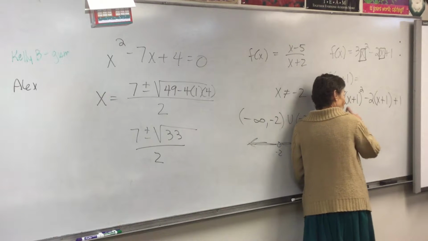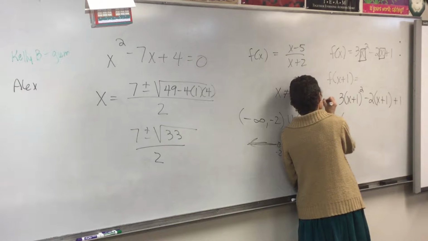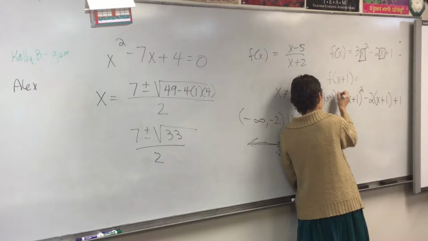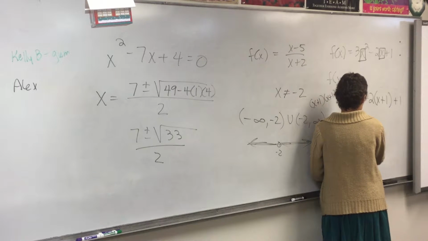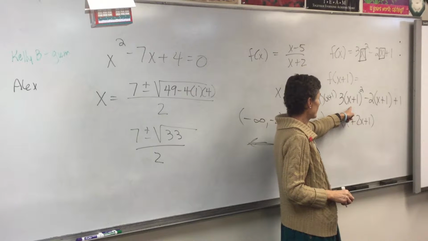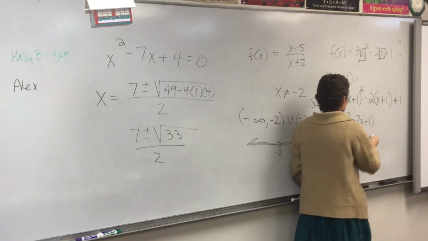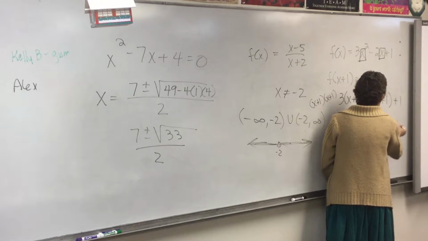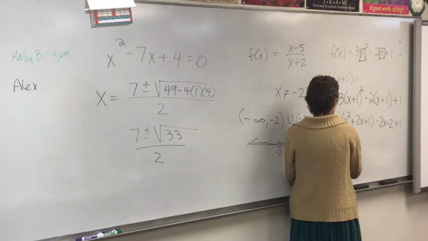This is a FOIL. So I will FOIL x plus 1 times x plus 1. So that's x squared plus 2x plus 1. I FOILed that. Please don't just square those. That's a FOIL. X plus 1 times x plus 1. Minus 2x minus 2, distribute, plus 1. Now I have another distribute here.